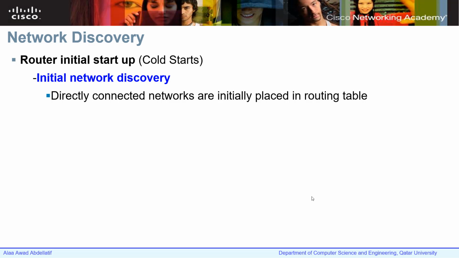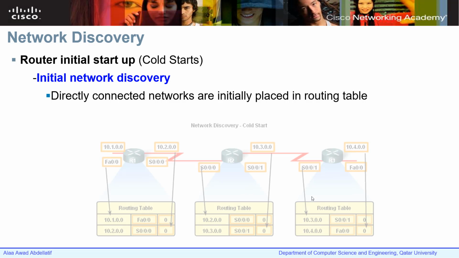I only know or identify the directly connected networks, which are initialized and placed in the routing table. So initially I will only include my directly connected neighbors in the routing tables. Then I will see what I will have later in the next hop. But the router's initial startup or initial network discovery is to add the directly connected networks to the routing tables.